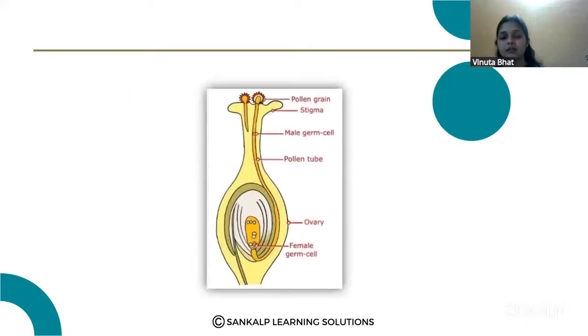Here, yes, this is the diagram. It is a very important diagram. This question has repeatedly been asked in different question papers. Please note down the question and practice this diagram. Pollen grains and pollen tube, ovary, female germ cell, so everything you have to label.